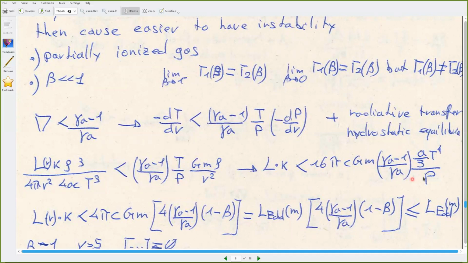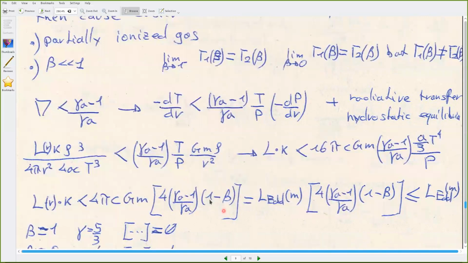I regroup here directly because a divided by 3 multiplied by T to the 4 is the radiative pressure. That divided by the total pressure can be seen directly in this way as 1 minus beta. So we have this value.